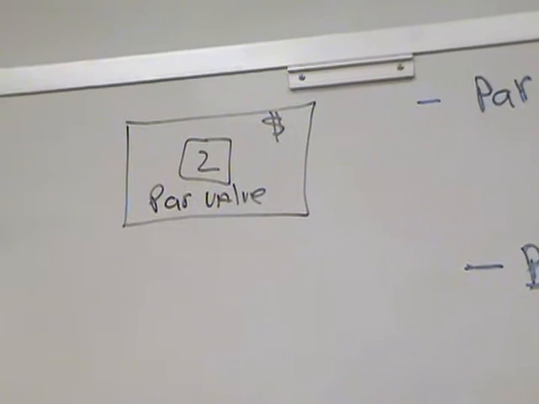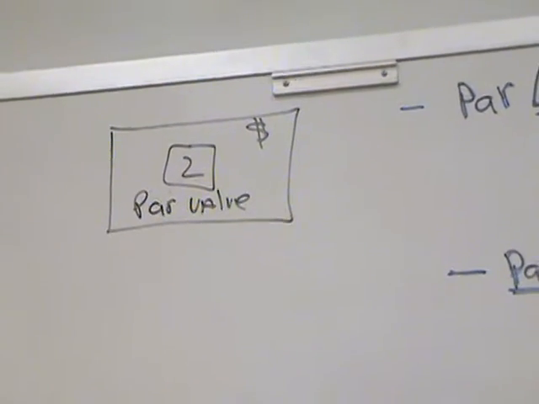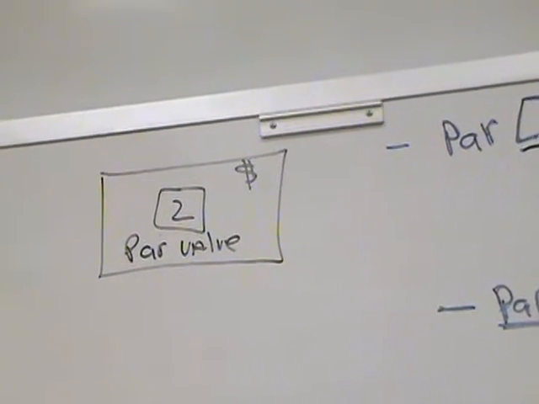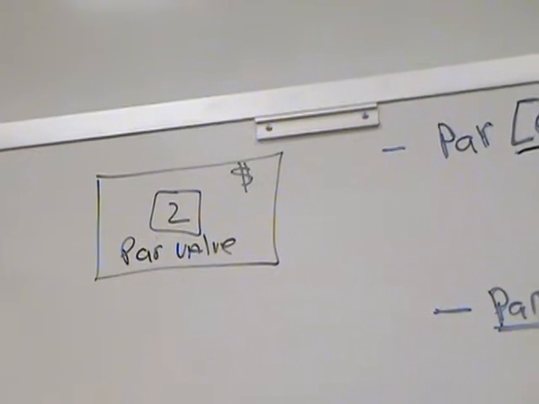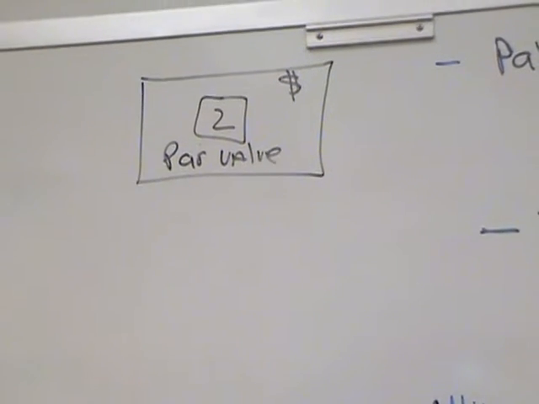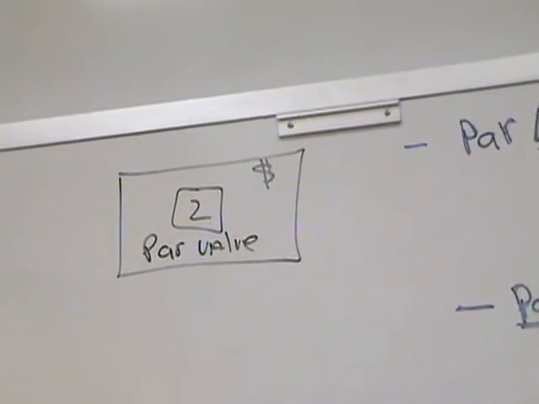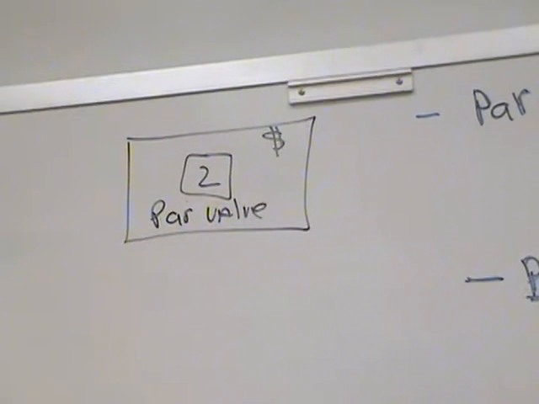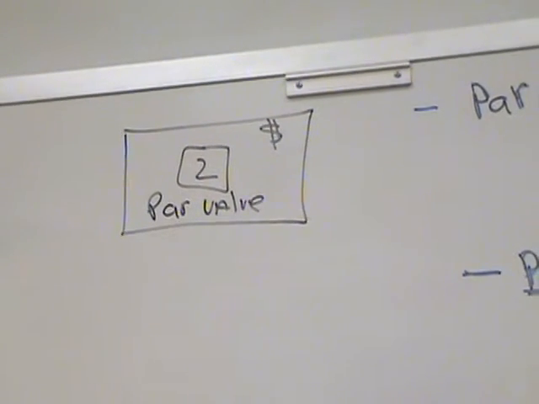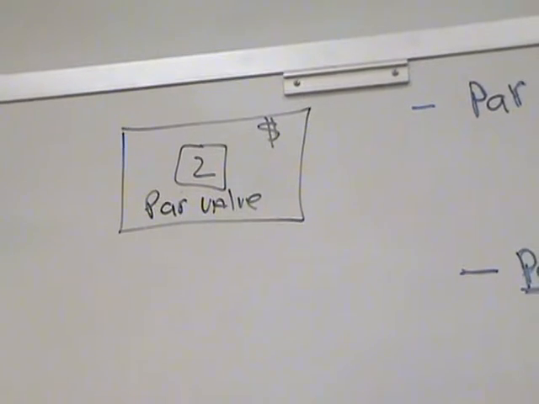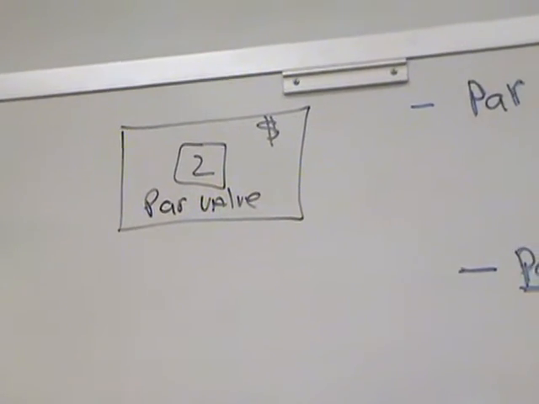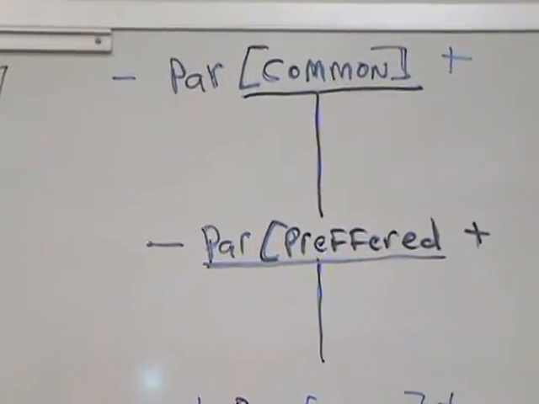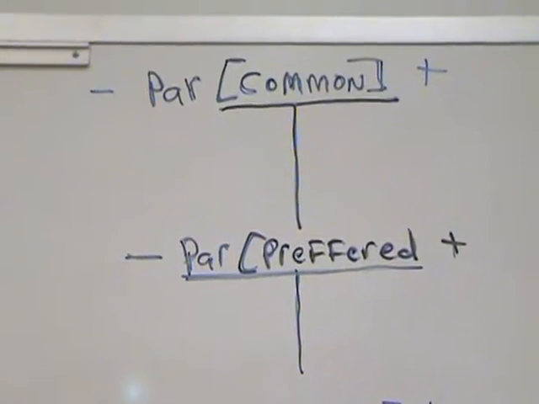Well, the stated value we're going to consider a par value, because in accounting theory, if it walks like a duck, talks like a duck, or quacks like a duck, they consider that it's a duck. So in some states, they got rid of par value because, as I said, for corporations on the New York Stock Exchange it has no meaning, but it has meaning for smaller companies. And smaller companies are a big part of the economy. They have historically created more than half of the new jobs available.